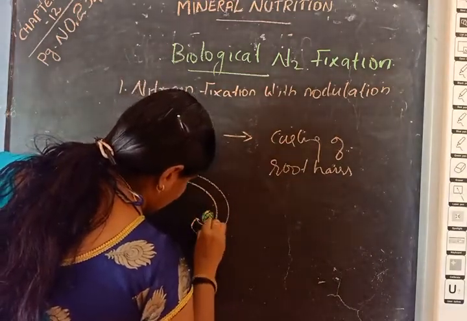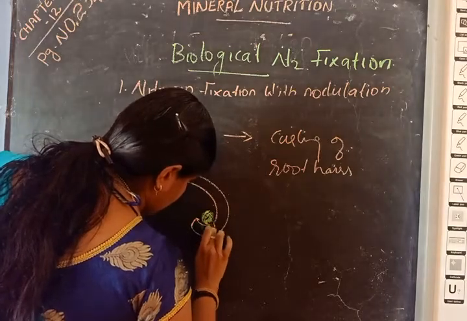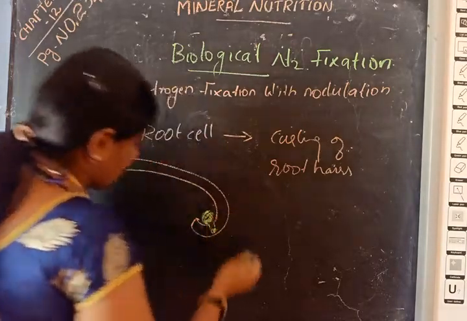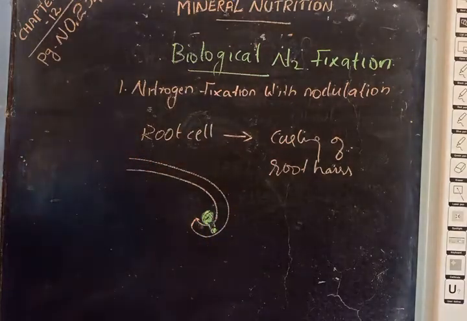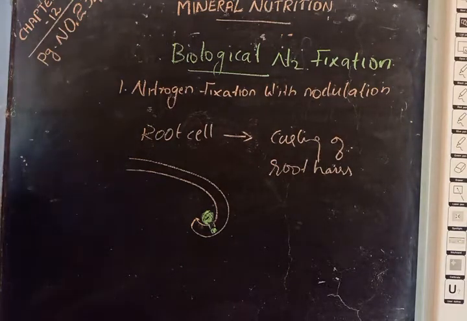This Rhizobium bacteria may enter into the root cell and affect the curling of root hairs.